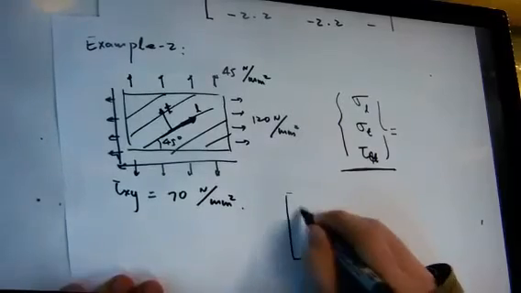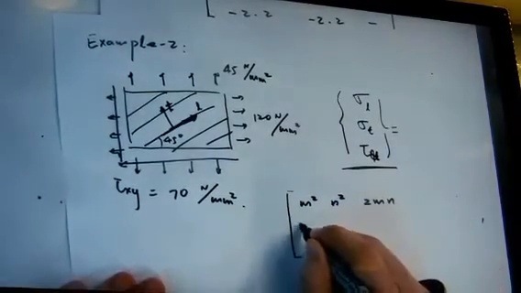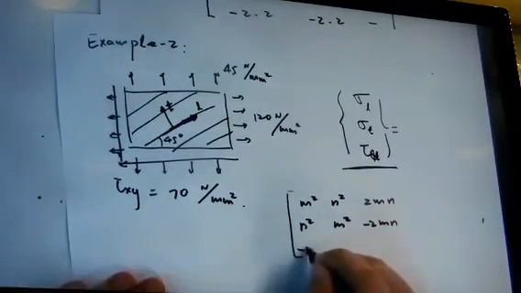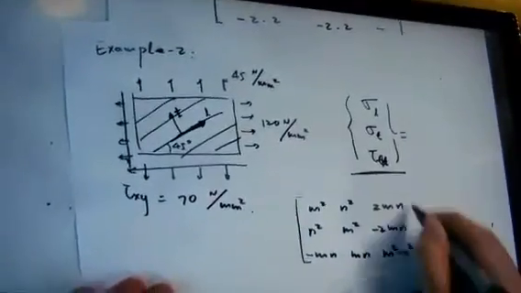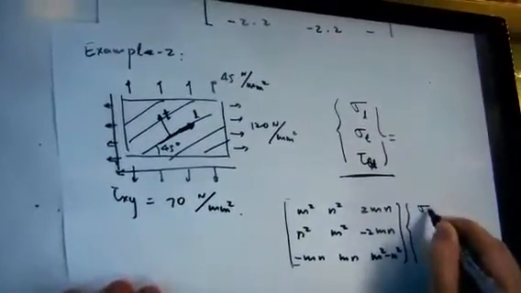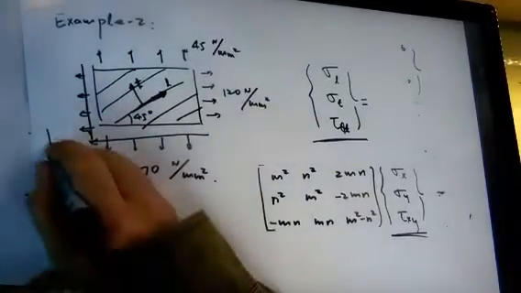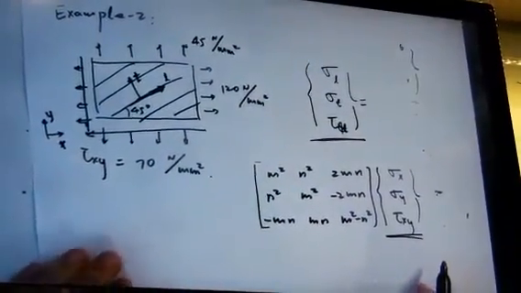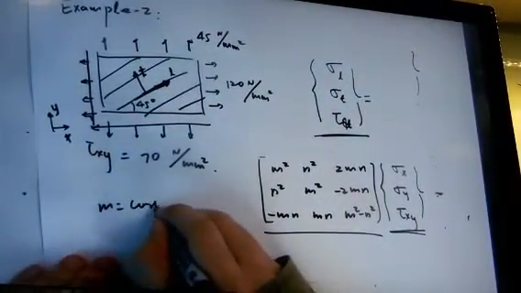So this will be equal to the transformation matrix times sigma x, sigma y, tau xy. This column is given because this is the xy coordinate. In the xy coordinate, stress is given, and m and n are determined by the inclined angle.